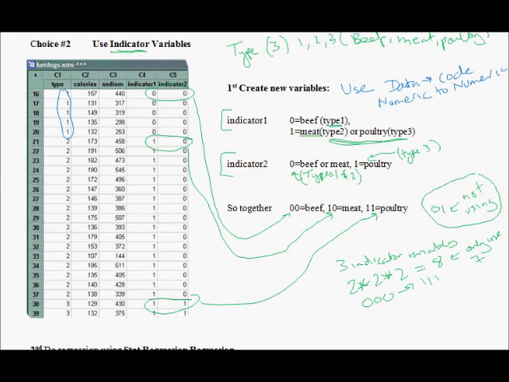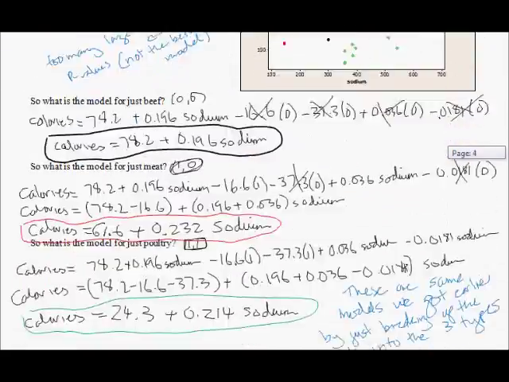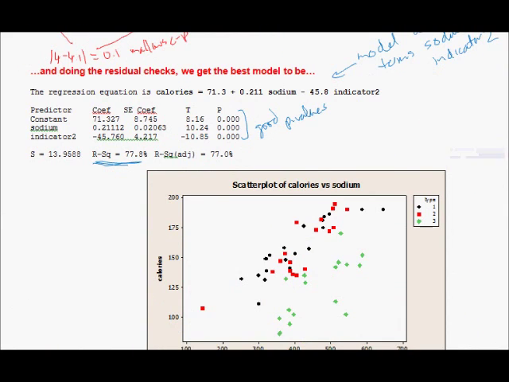So what this is telling us, go back down to it, this tells us beef and meat are similar, which we can kind of see in the picture, while poultry is different.